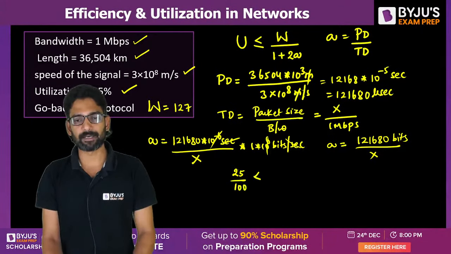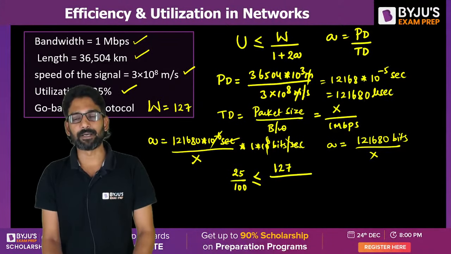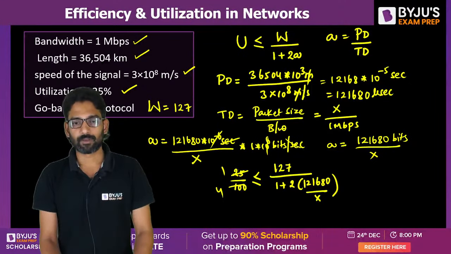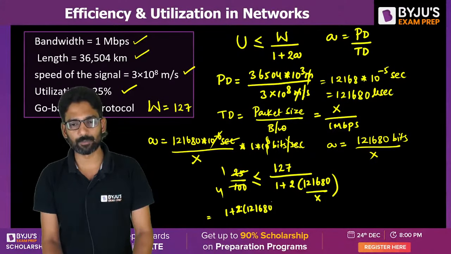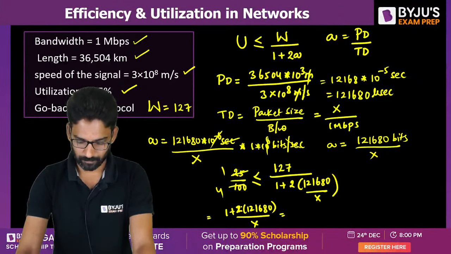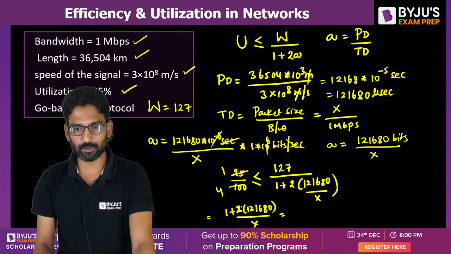So 25 by 100 is less than or equal to W, given as 127, divided by 1 plus 2 into 121,680 by X. If I cross multiply, this is 1 plus 2 into 121680 by X is equal to 4 into 127, which is 508.